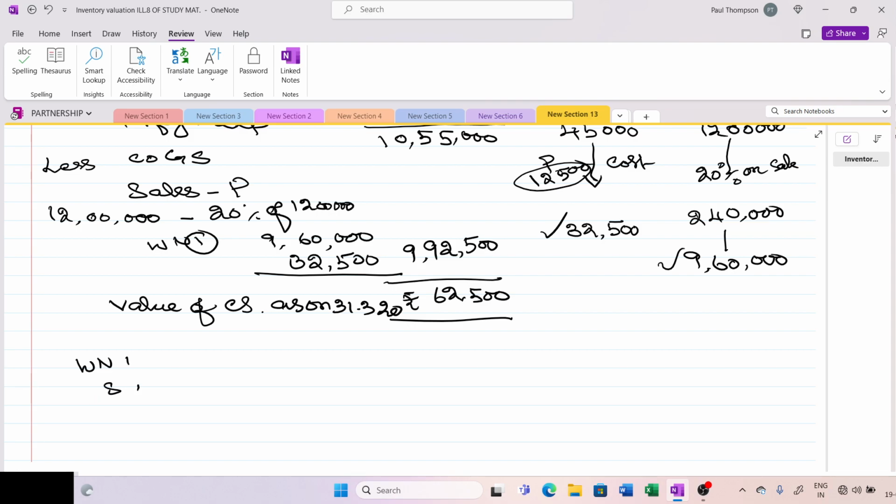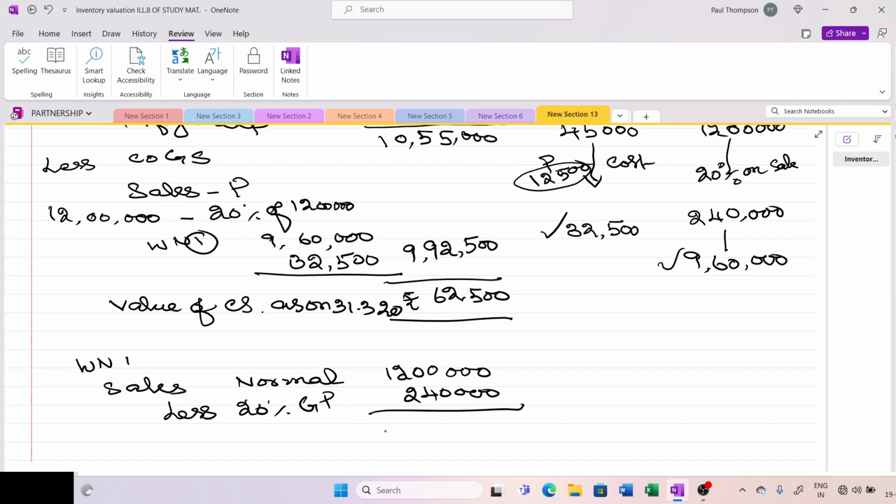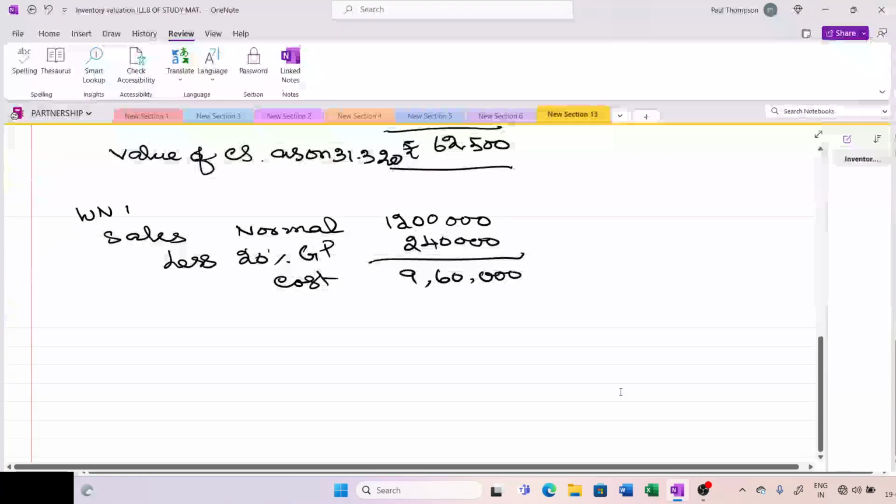That is sales, normal, 12 lakh, less 20 percentage GP, that is 2,40,000. So the cost comes to 9,60,000. Okay. Next item.